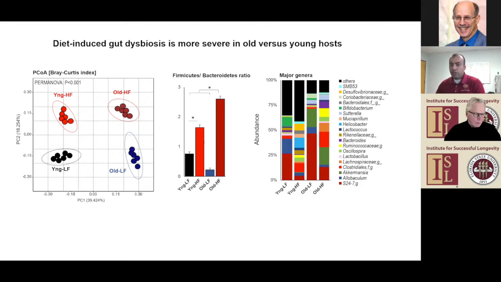So clearly showing that the dysbiosis of the gut microbiome because of high-fat diet is much more severe in old mice compared to young mice, probably because young mice have more resilience or more integrity of the microbiome. And at the same time showing that the old gut microbiome is more sensitive to this diet-induced gut dysbiosis.